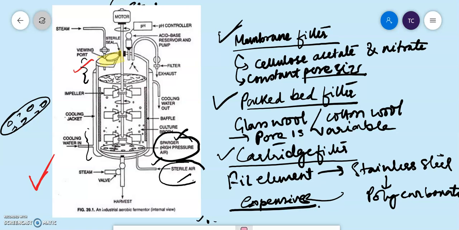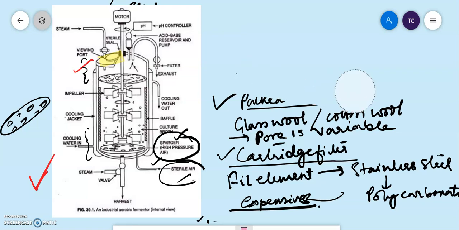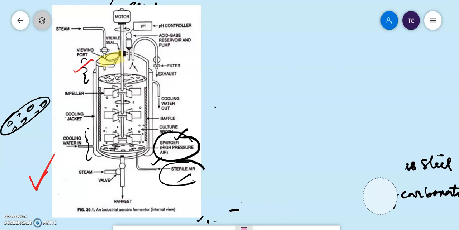Next, we move on to the different aspects apart from filters. What did we start with? We started with aeration and agitation. We have completed aeration, we have completed the sparger, and thus how the sterile air passes into the fermenter.